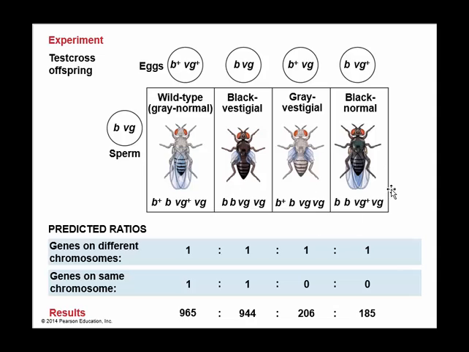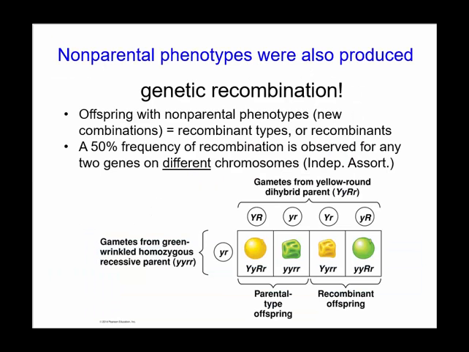You have offspring that represent those possible gametes that we didn't expect to see. And so these are called non-parental phenotypes. So these are these unexpected ones. And this is a result of genetic recombination. And so these are also called recombinant types. So offspring with those non-parental characteristics are recombinants.